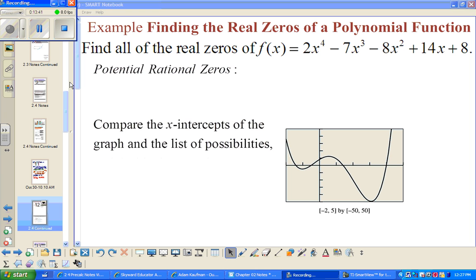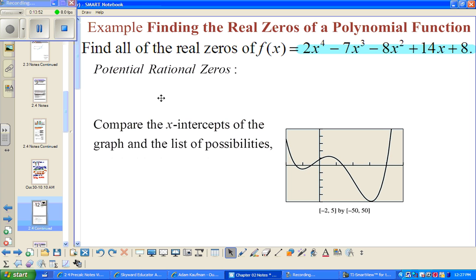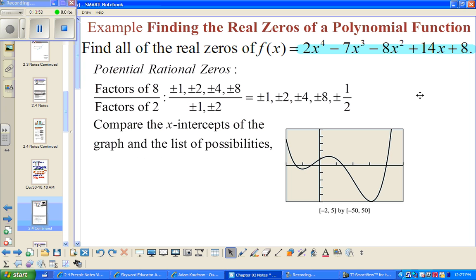Here's another example of finding real zeros of a polynomial function. Here's our polynomial function. What are the potential real zeros? Well, again, you could take any factors of the constant divided by any factors of the leading coefficient, and those are possible zeros. Compare that to the x-intercepts here.